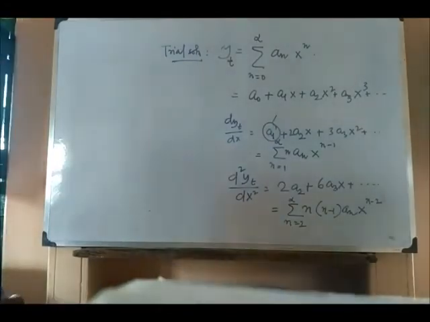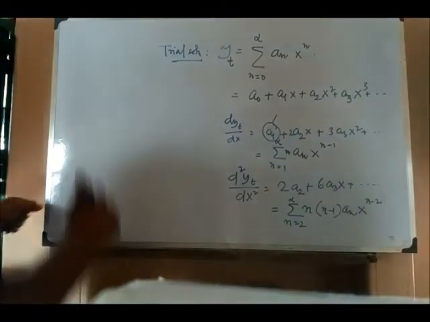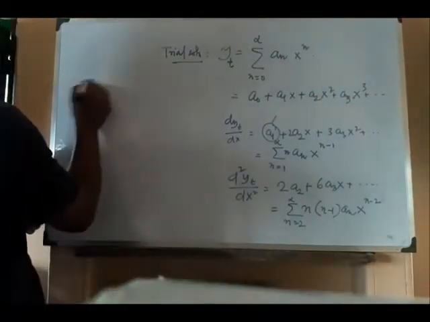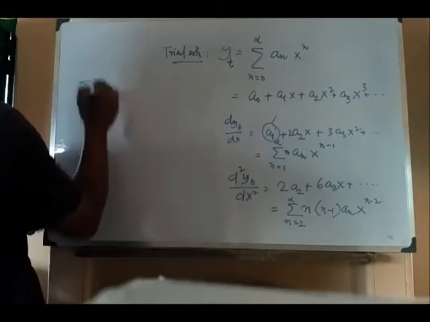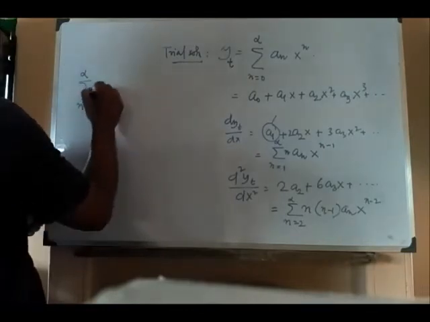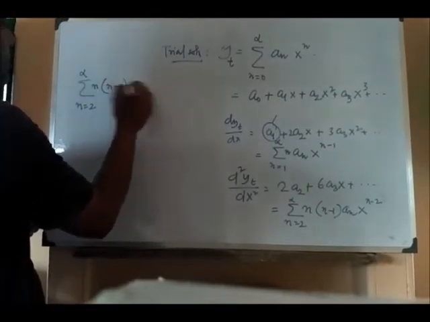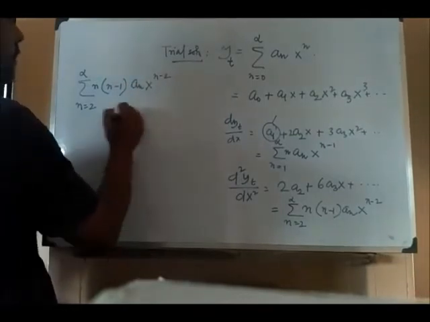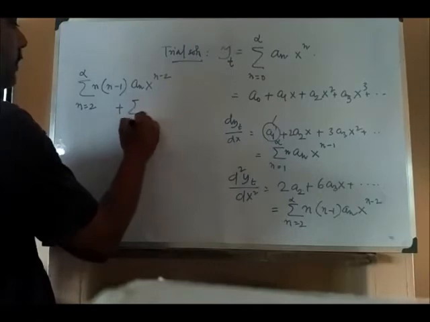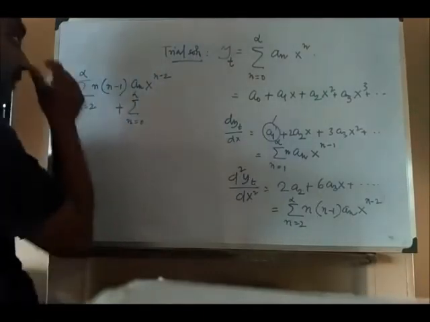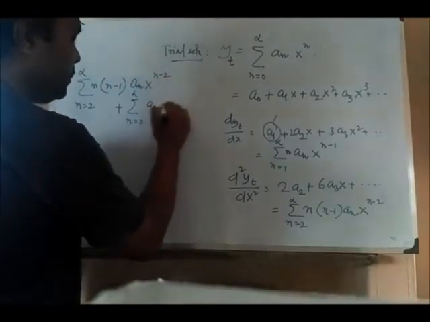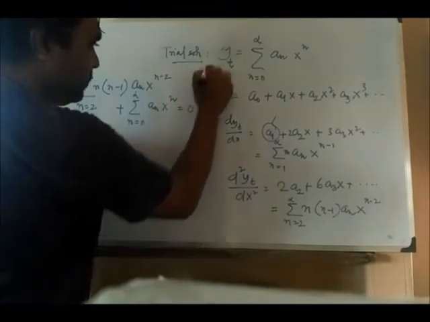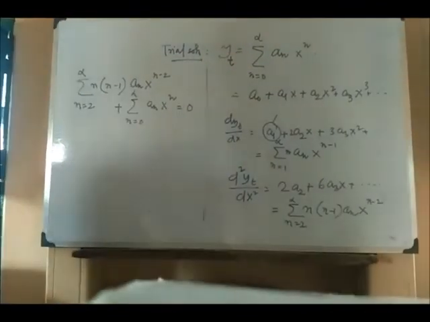So we are now using this term as the sum over n equal to 2 to infinity n into n minus 1 a_n x to the power n minus 2 plus the sum of n equal to 0 to infinity a_n x to the power n, this will be 0, right?